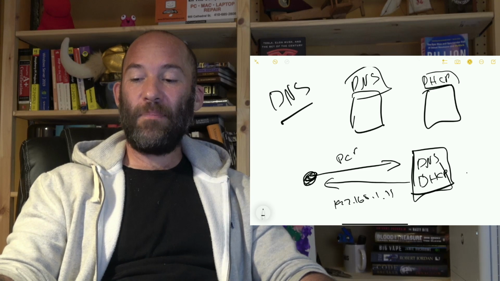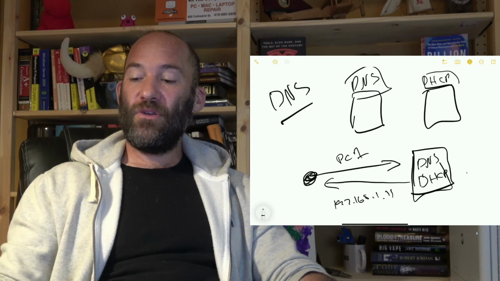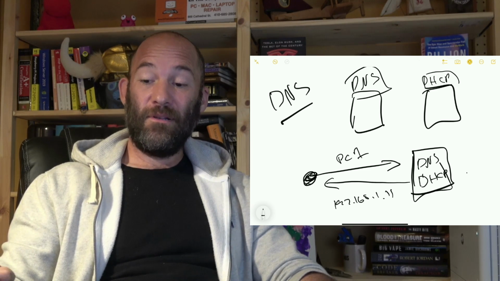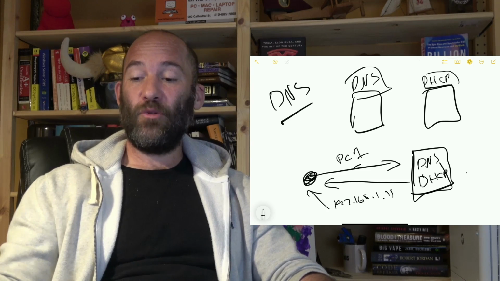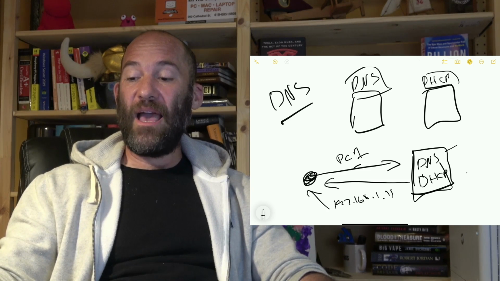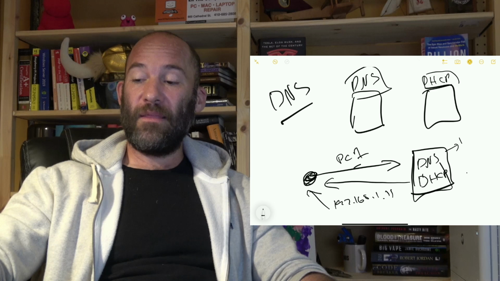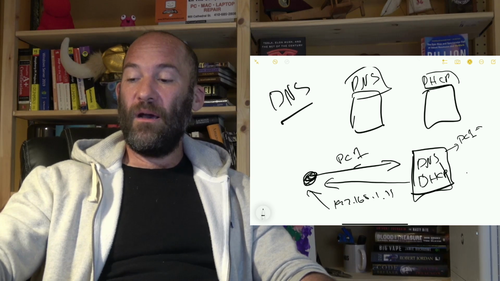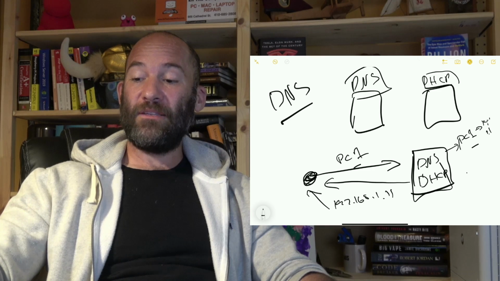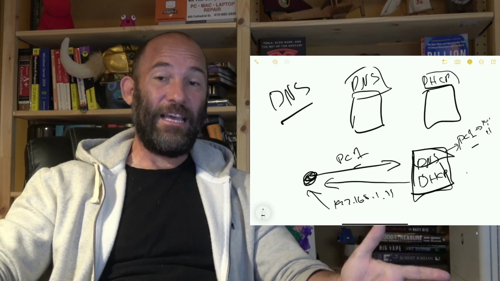Hi, I'm PC1. And so when the DHCP server gives the IP address to PC1, DNS is going to create a record that says PC1 is 192.168.1.11, right? And so that will be in the DNS record.